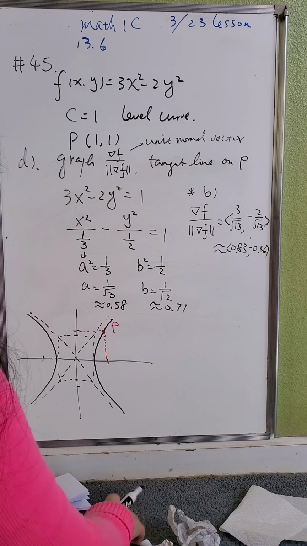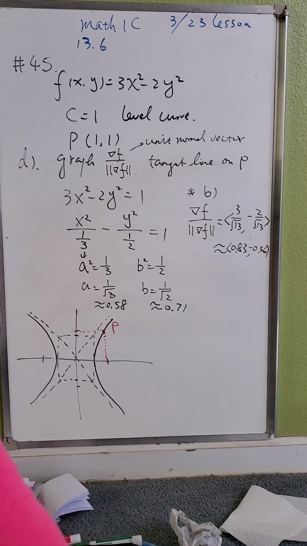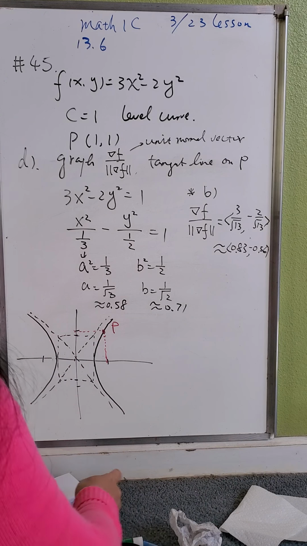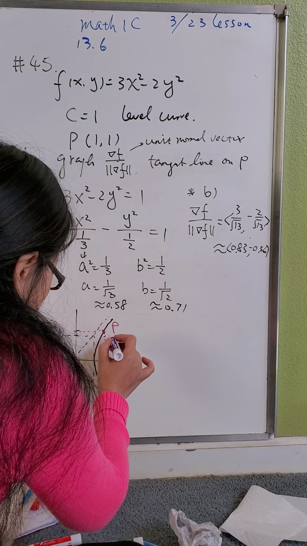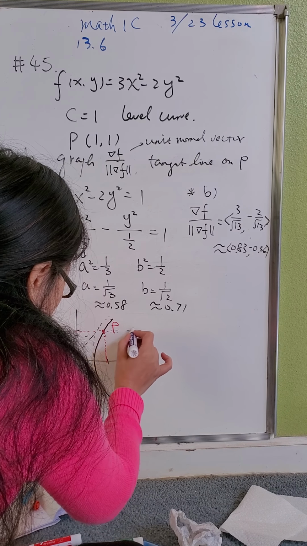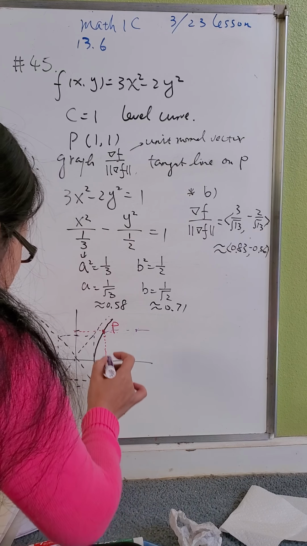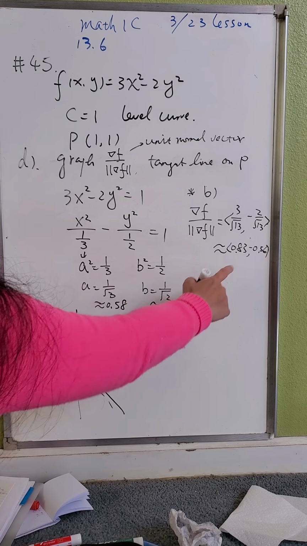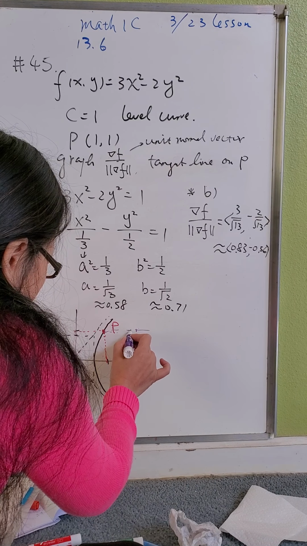So from here, we're going to draw, now watch here, okay? I'm going to use my purple. You're going to scale this. There's a 1, right? You use the same scale, so this is a 2 here. So from here, you're going to go in the x direction 0.83, so you come to here. So this is about 0.83.